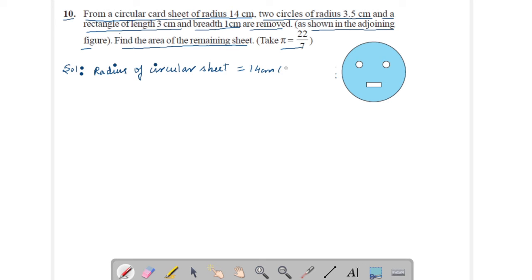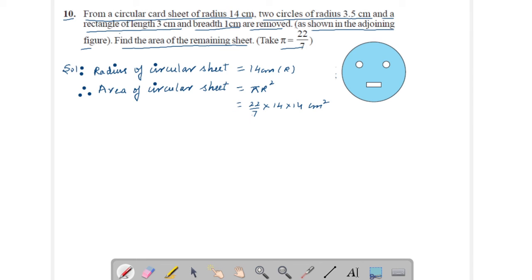Let us take it as capital R. Therefore, area of circular sheet equal to pi capital R square. Put the value of pi and r. Value of pi is 22 upon 7 into capital R, it is 14. It is r square, it means 14 into 14 centimeter square.